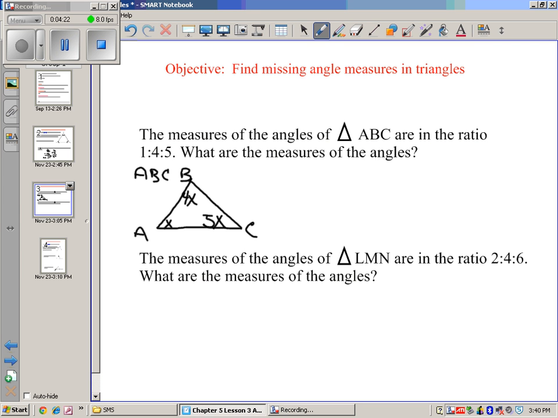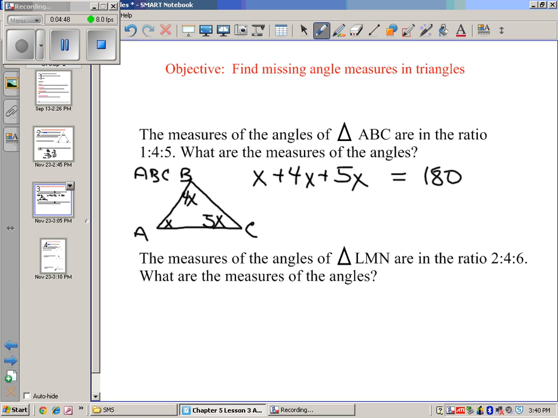Now we just have to do an algebraic equation and solve for X to find our measurements. Again, we are looking at 180 degrees equals a triangle. And we just add up our angles. Angle A is X, plus angle B is 4X, plus angle C is 5X. Once again, we add up like terms.